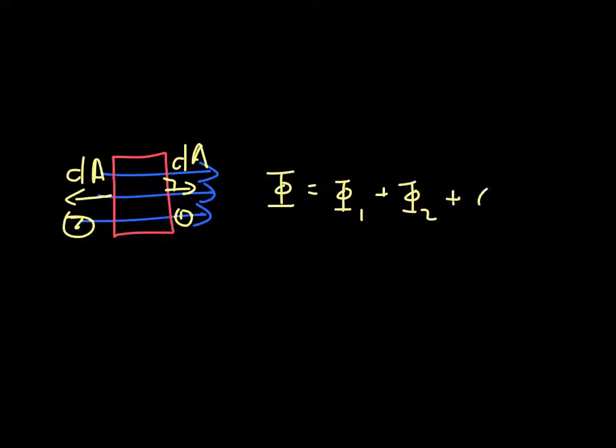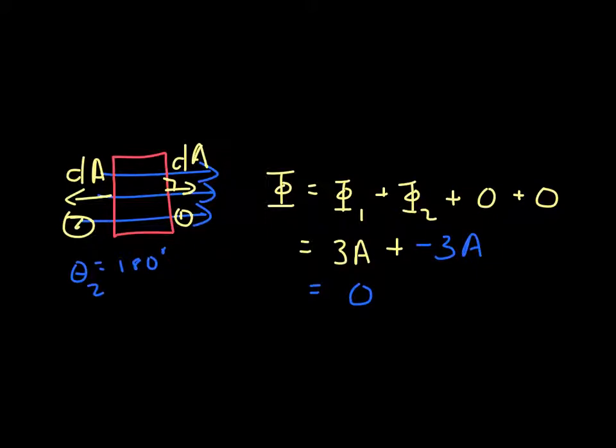Sides 3 and 4, there's no field line coming through there, so this is 0, 0. If I add these together, this would be the flux on side 1, same direction, cosine of 0 is 1, so this would be 3A plus cosine on side 2. In this case, theta would equal 180 degrees. Therefore, this would be negative 3A. So your total flux is 0. You can see this because if something's coming in, something's coming out.